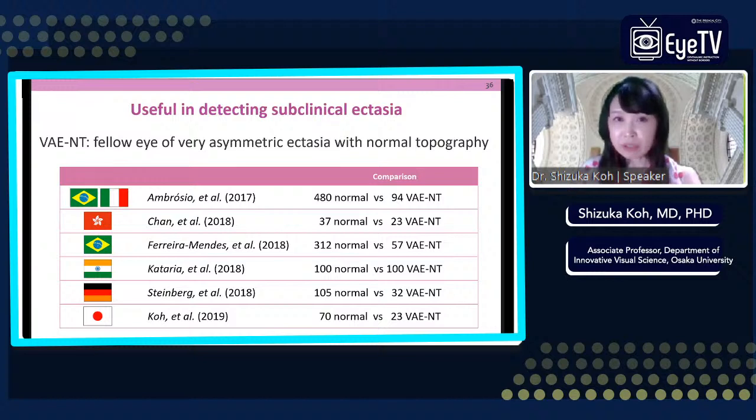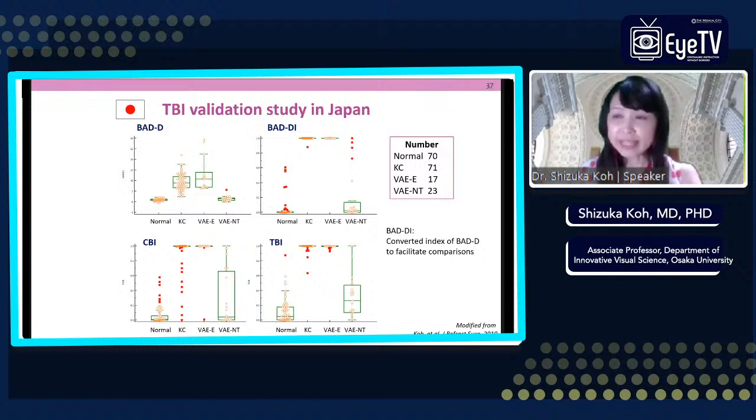Recently, several papers from different countries reported that TBI was useful in detecting subclinical ectasia in eyes with normal topography. Let me share with you our TBI validation study in Japanese population. So we compared the BAD-D and CBI and TBI among the four groups: normal, clinical keratoconus, ectatic eyes of very asymmetric ectasia, and fellow eyes of very asymmetric ectasia.